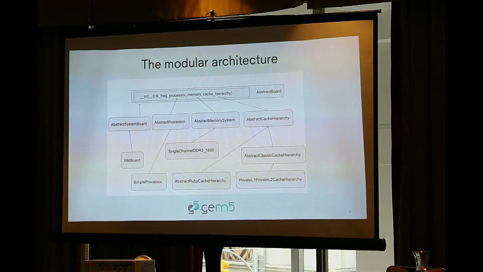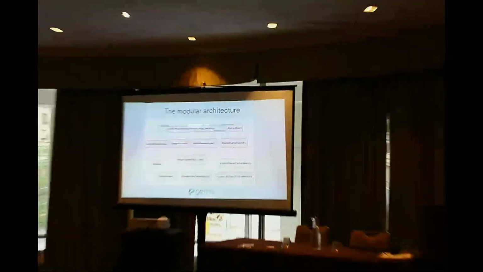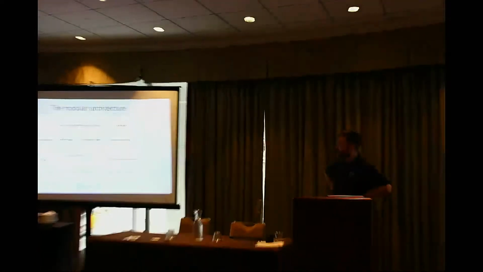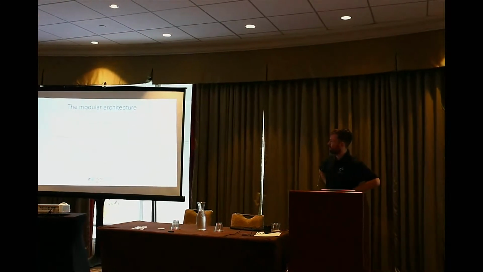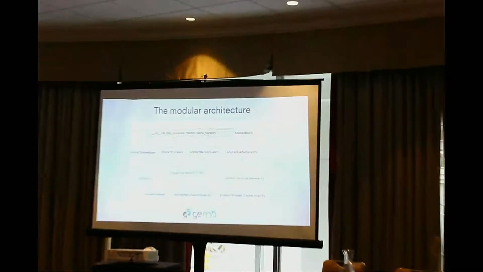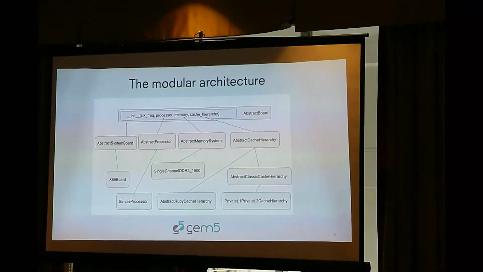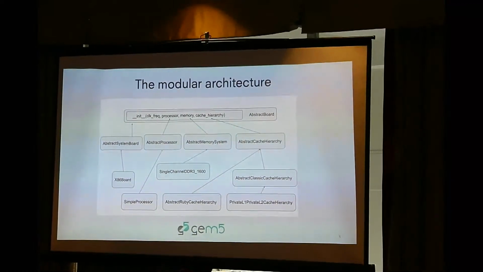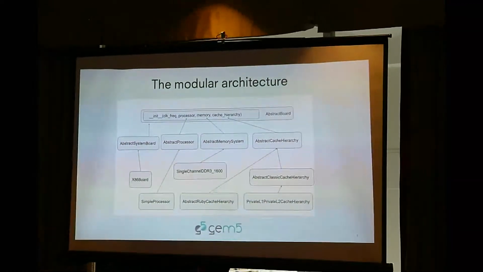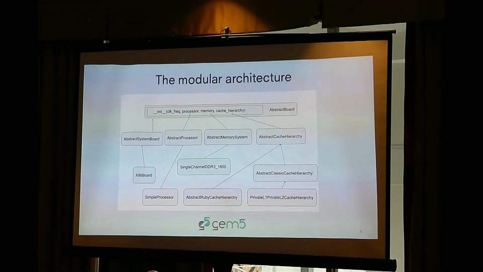I'll come back to this later on in the presentation when we actually extend stuff in the standard library, but if anyone's interested in the class diagram of how this architecture works, this is essentially it. You have an abstract board that boards come from, and the abstract board accepts an abstract processor, an abstract memory system, an abstract cache hierarchy, and some boards accept other exotic components, but this is the basic crux of it.